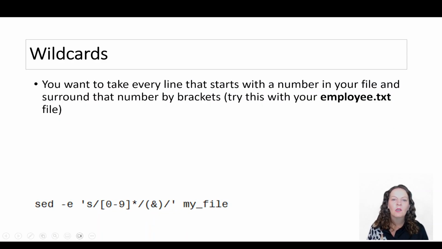You want to take every line that starts with a number in your file and surround that number by brackets. Try it with your employee file. Maybe you want to do that with phone numbers. So you can search for the 0 to 9 followed by any amount of numbers and replace them.